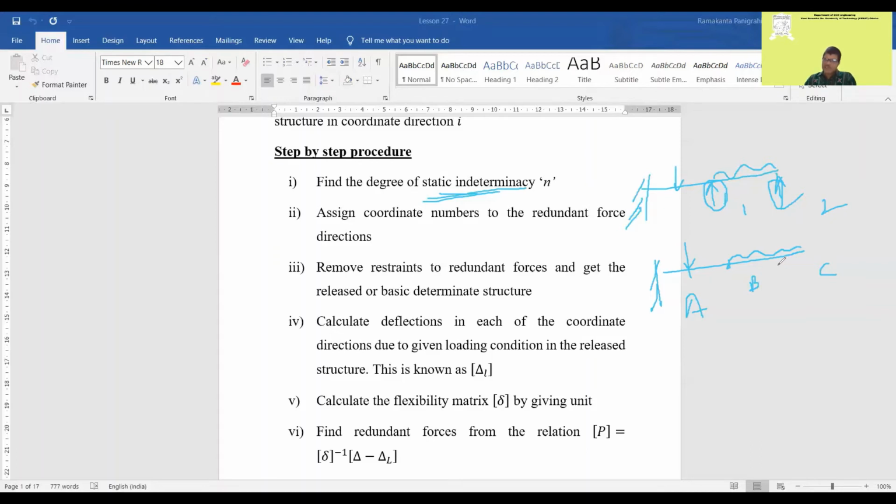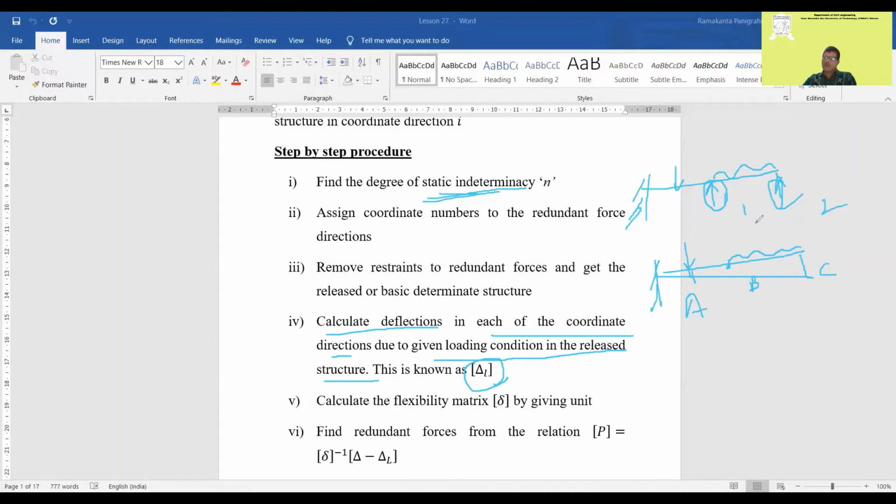Now, for this released structure, calculate the deflection at coordinates 1 and 2. The next step is to calculate the deflections in each coordinate direction due to the given loading condition in the released structure, known as delta L. As I have told, for this load it will deflect like this, right? So I have to find out the deflection here and here due to this loading.